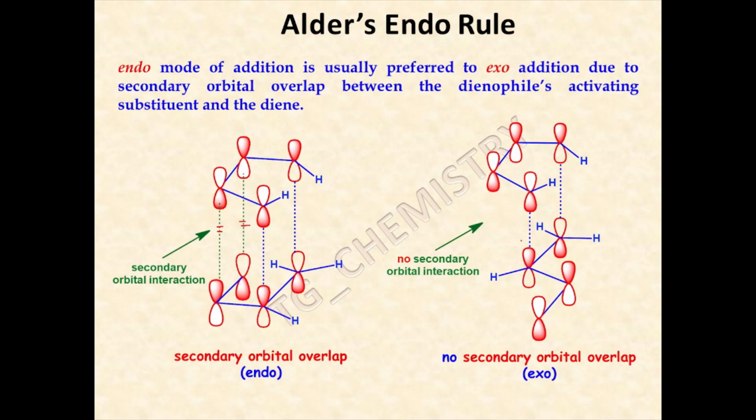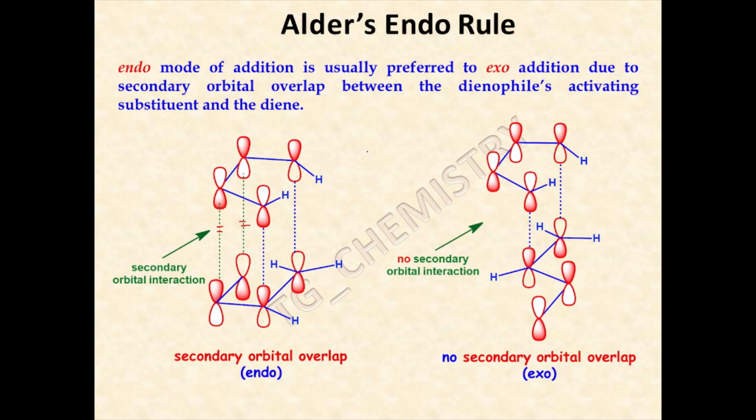Okay, so this is only the two carbons from the diene and two carbons from the dienophile, only interaction between these two in case of exo orientation, whereas there is no secondary orbital interaction, and here two more secondary orbital interactions which eventually stabilize the product, and therefore the secondary orbital overlap in the endo orientation, or endo mode of addition rather say, gives more stable product.